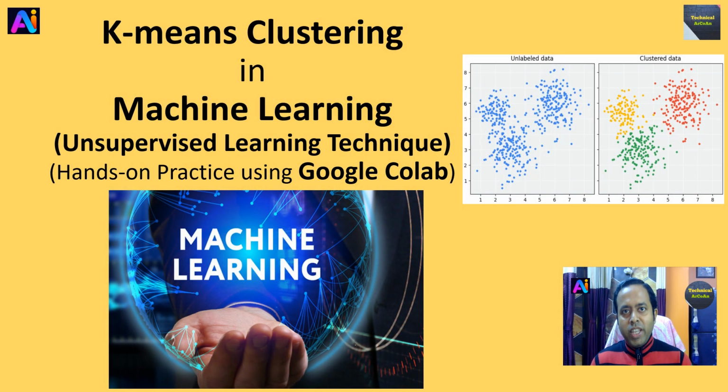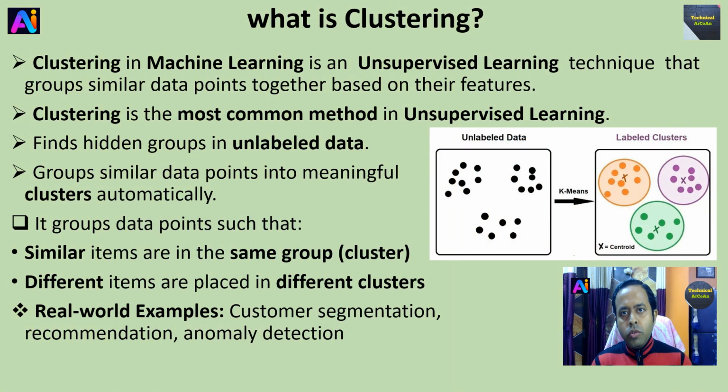Hello friends, today I will discuss k-means clustering in machine learning, which is one of the most popular unsupervised learning techniques, right? So at first we should know what is clustering. Clustering in machine learning is an unsupervised learning technique that groups or clusters similar data points together based on their features, right?